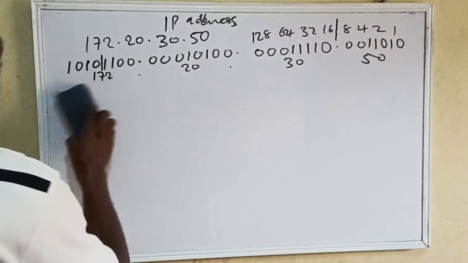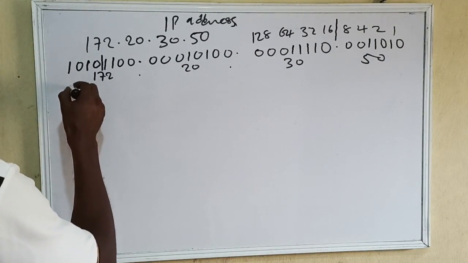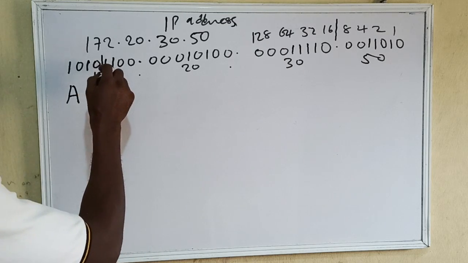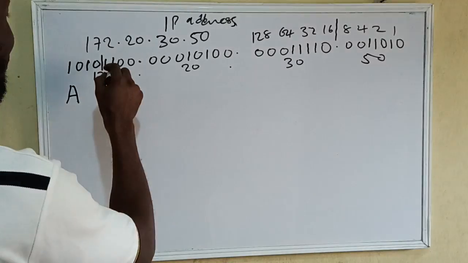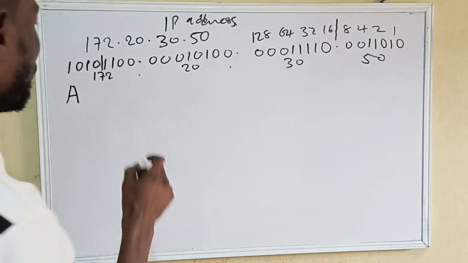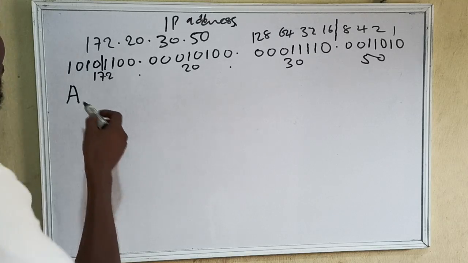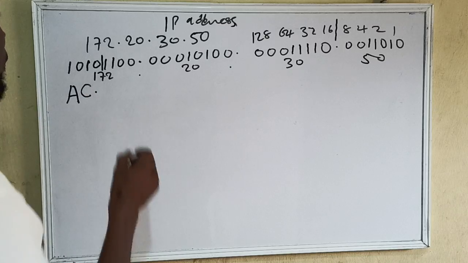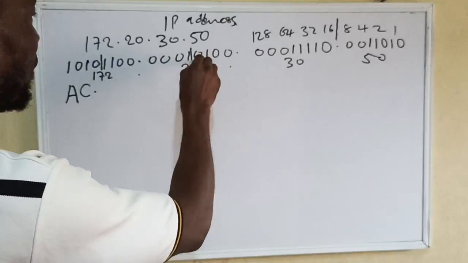So this is supposed to be A. Here is 8 and this is 4, this is 2, this is 1. 8 plus 4 is 12. 12 in hexadecimal is C. So AC.